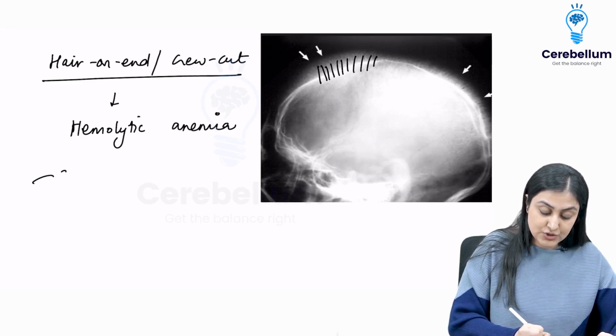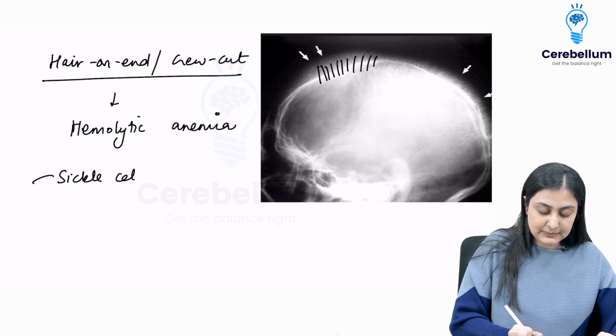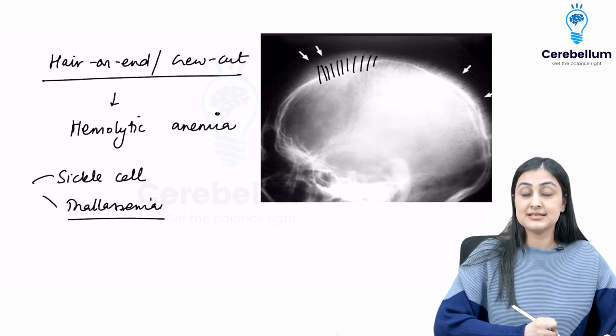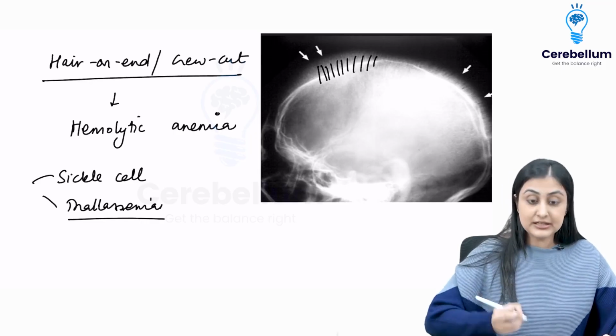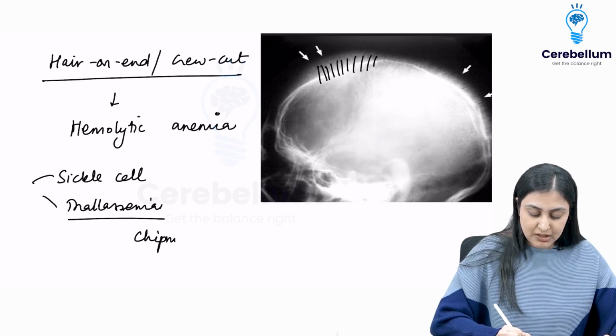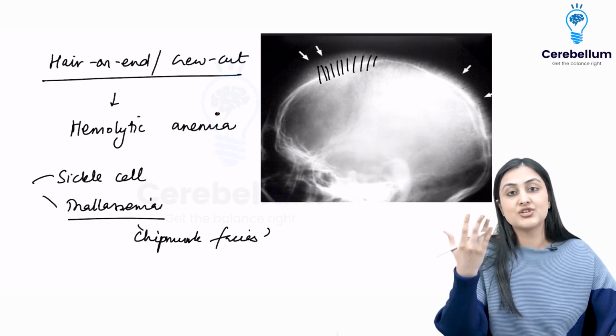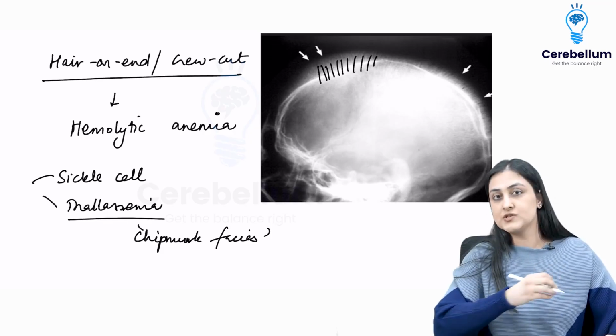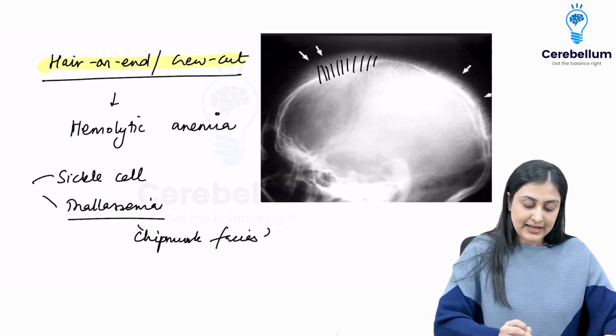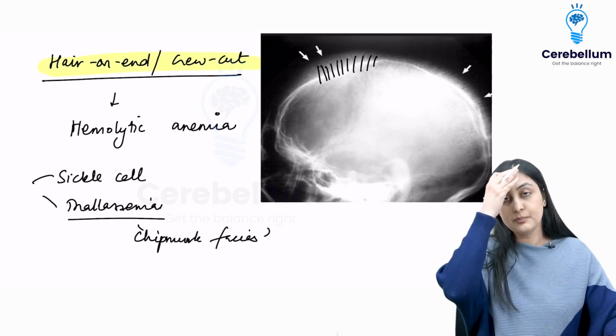So the differentials could be either sickle cell anemia or thalassemia, depending on the options. So usually it is thalassemia that is tested. In association clinically, you would see chipmunk facies. Yeah, so chipmunk facies is something that could also be described to you because of, again, extramedullary hematopoiesis. Fine. So this is the hair on end or crew cut appearance.